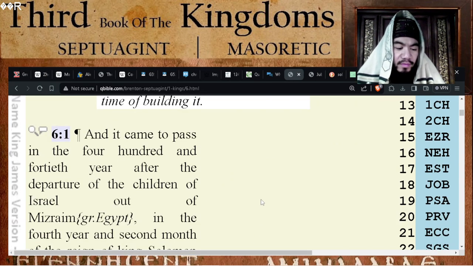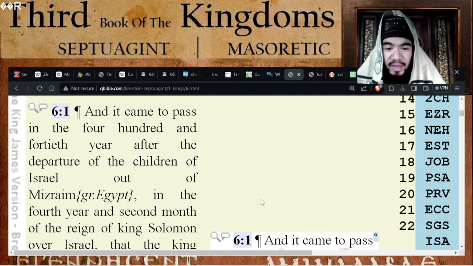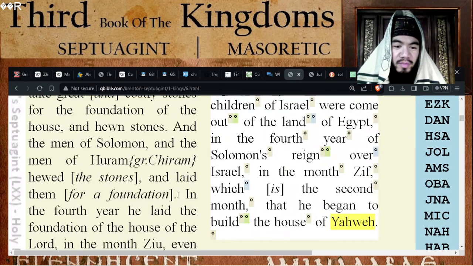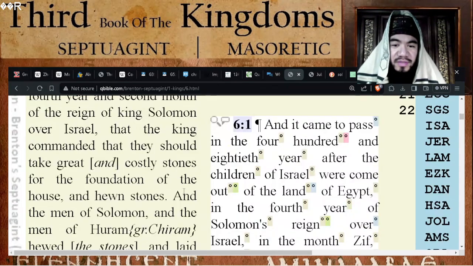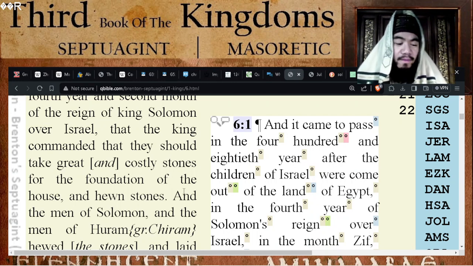From the get-go, verse 1 gives us different lengths of time from when Israel came out of Egypt to when Solomon ordered the building of the temple. We have 440 years in the Septuagint versus 480 years, so the Septuagint gives us a more accurate timeline.